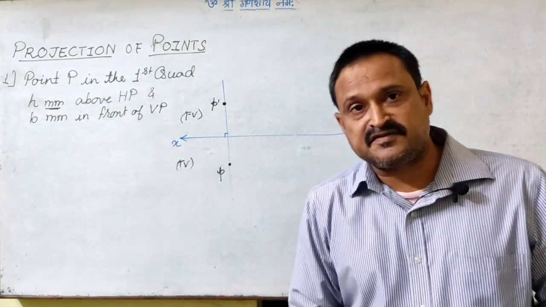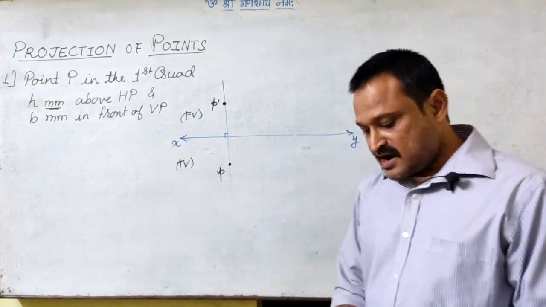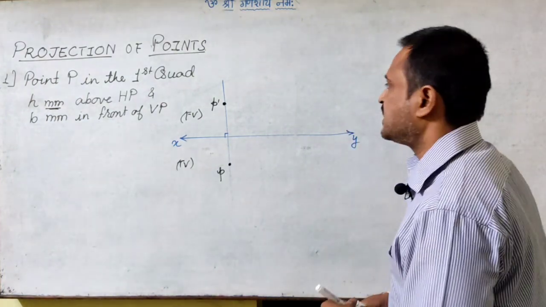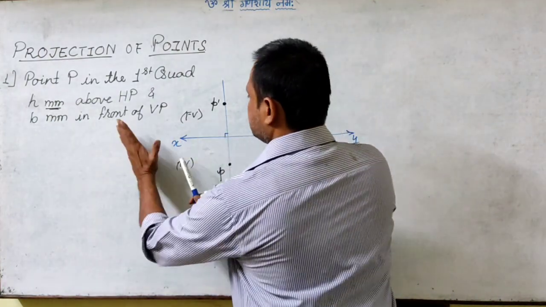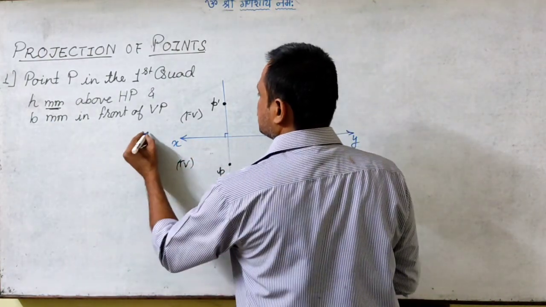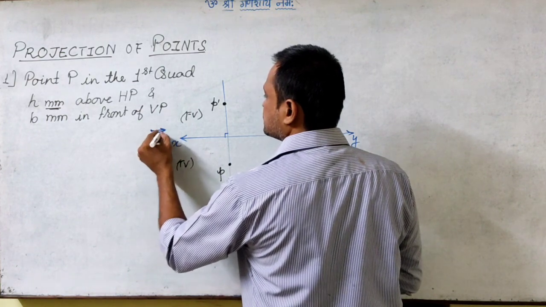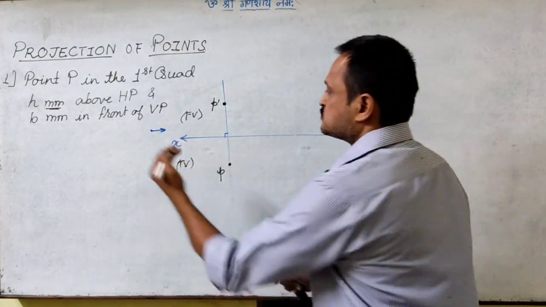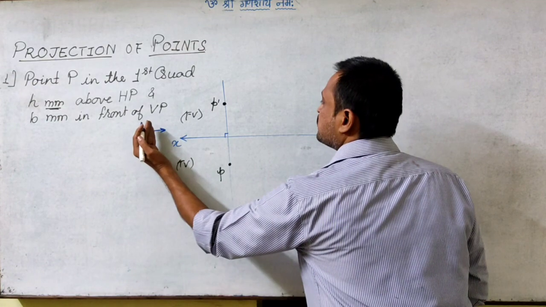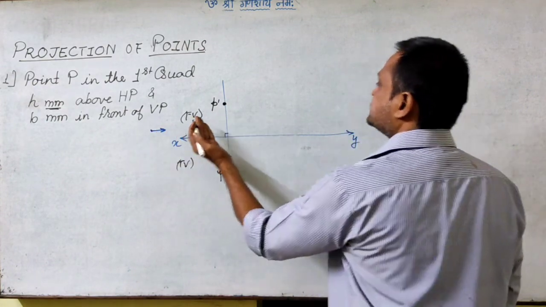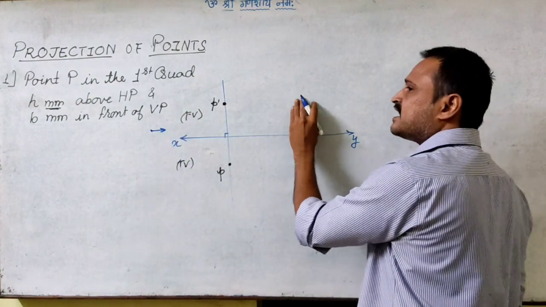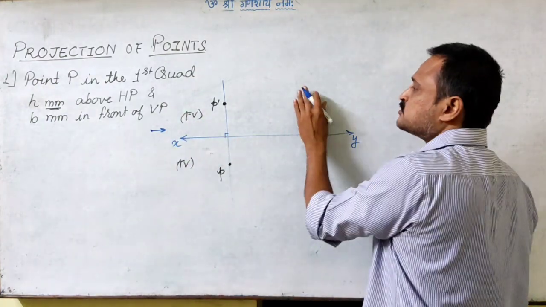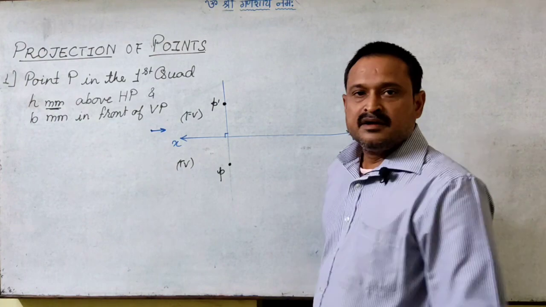With the help of the front view and top view, now I'll go for the left hand side view. Left means from this position, as if to my left, I am standing here and looking at the point in this direction. When I am looking at the point from this direction, that means if I am moving to the left, I'll get the left hand side view to the right of the front view.